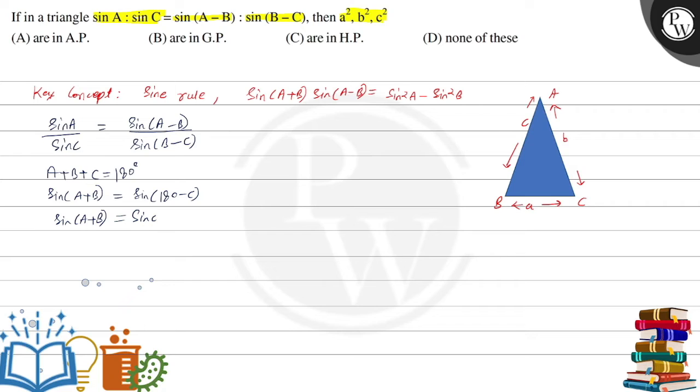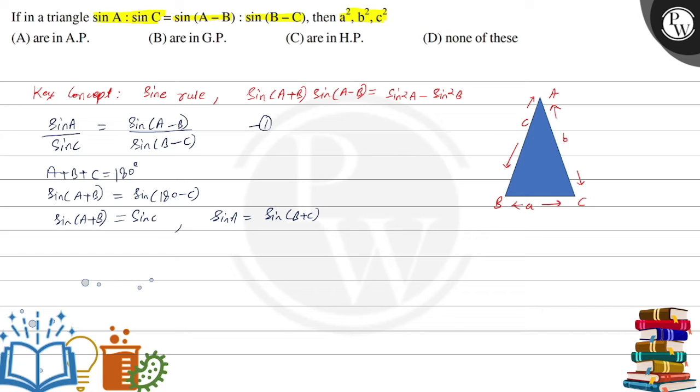Here sine A is given to us, so similarly sine A will be equal to sine B plus C.